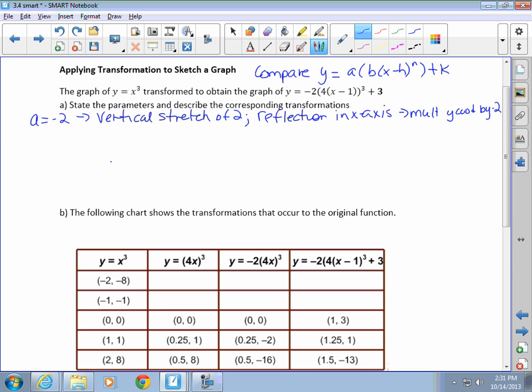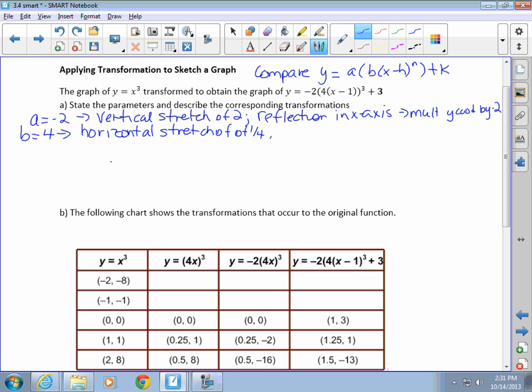My b value is equal to 4. So that means I'm going to have a horizontal stretch of 1/4. It's not negative, so I'm not going to have any reflection in the y-axis.